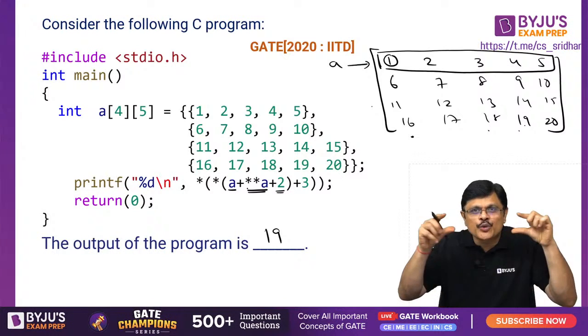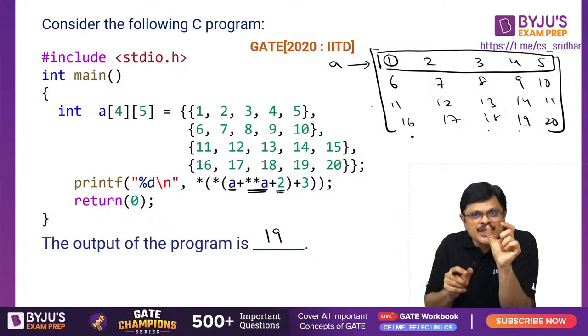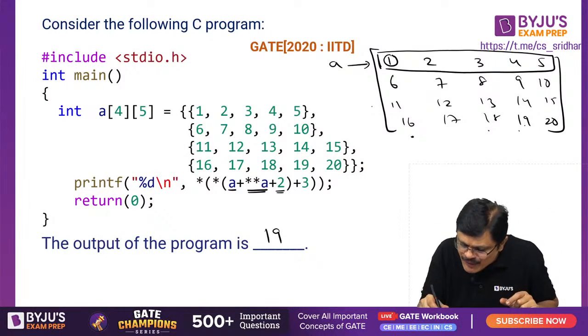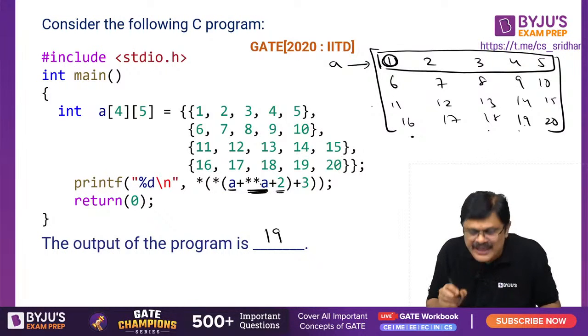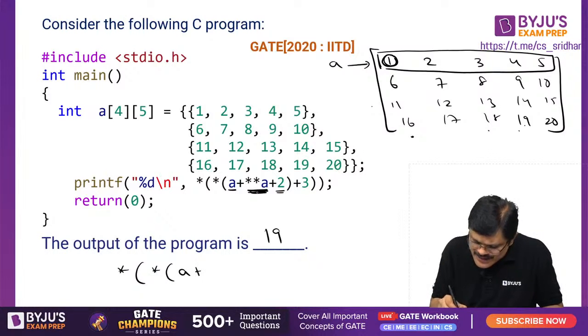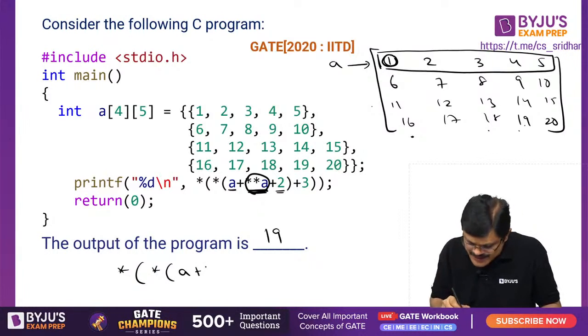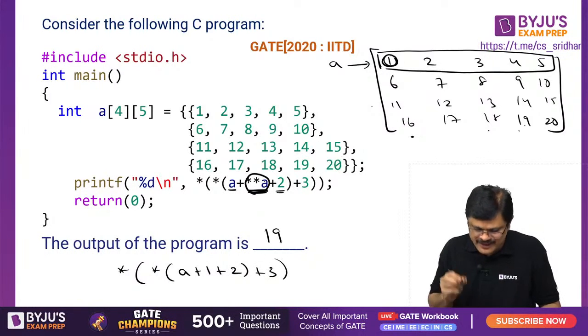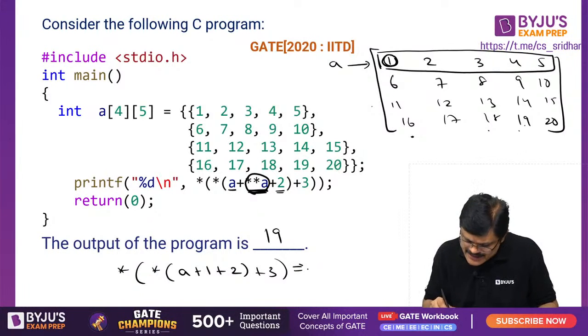A is a pointer to a 1D array, and star A is the 0th location, so star A is 1. So this problem is now equal to star A plus, star A being 1, plus 2 plus 3. Now A plus 1 plus 2 is the same as A plus 3. So now this is the same as star A plus 3 plus 3.